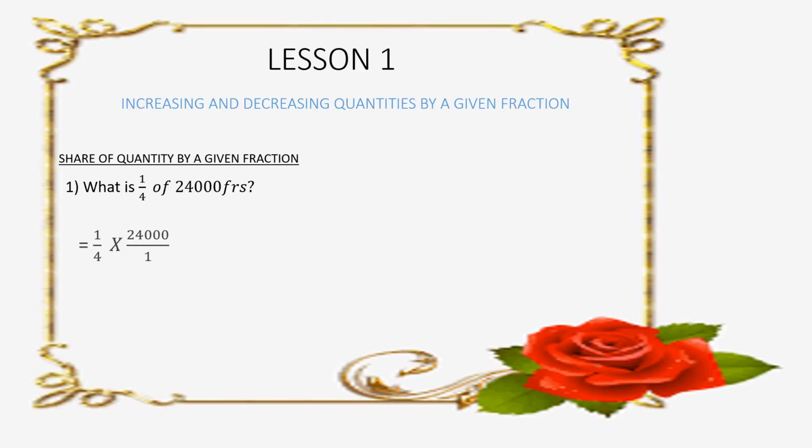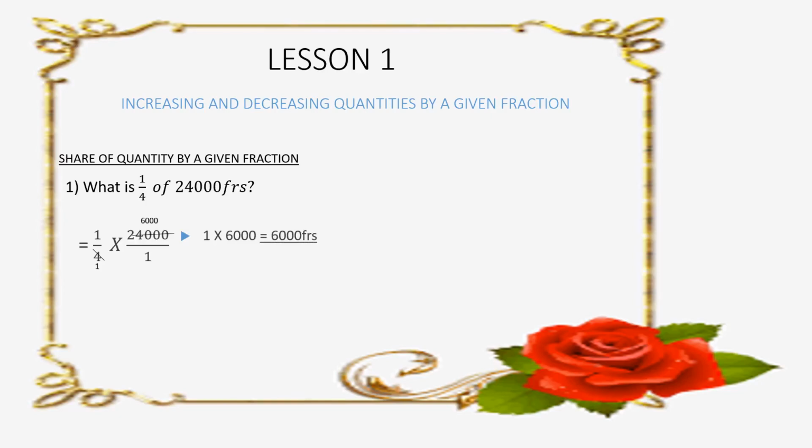So here we simply simplify. 4 is going to cancel itself one time, and 24 divided by 4 is 6 times. So we bring up the 3 zeros. Therefore we are going to have 1 times 6,000, which gives us 6,000 francs.